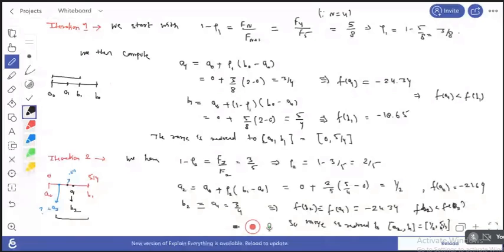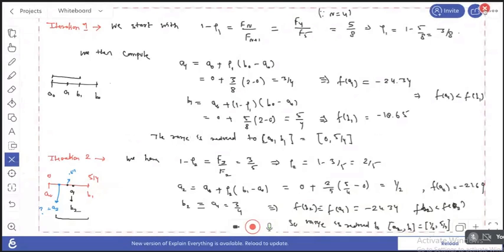Then we repeat a similar process in iteration 3 and iteration 4, and then we will find our result. One thing is important in the last step, step 4.